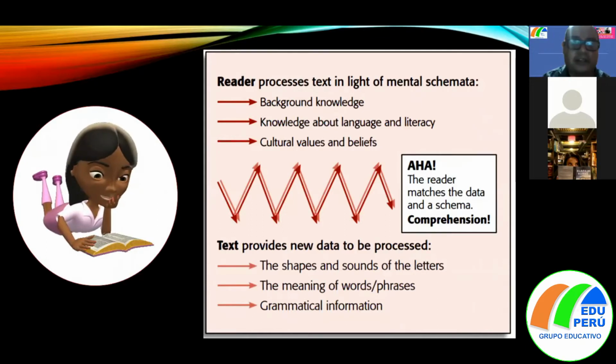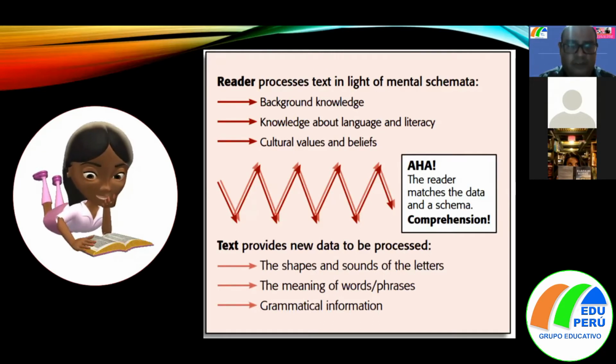Then at the bottom, you have the new data to be processed, the new information to be decodified. So the shapes and sounds of the letters, the meaning of words or phrases, and some grammatical information. So you're going to use both. They are going to interact with each other, and we call this comprehension. All right? This is comprehension.